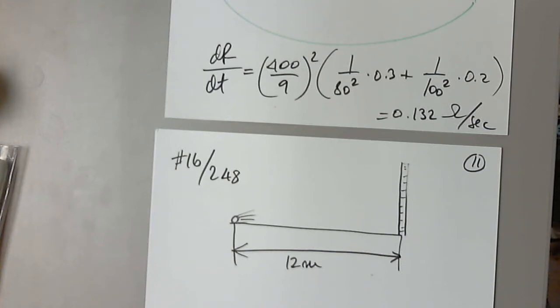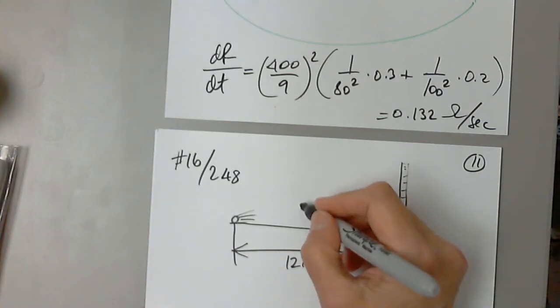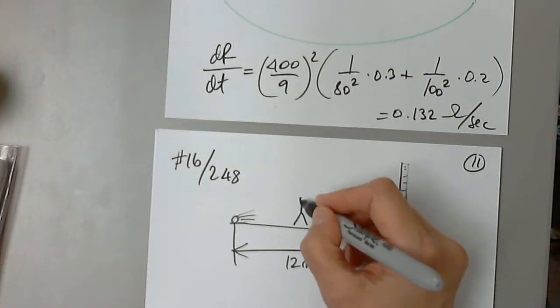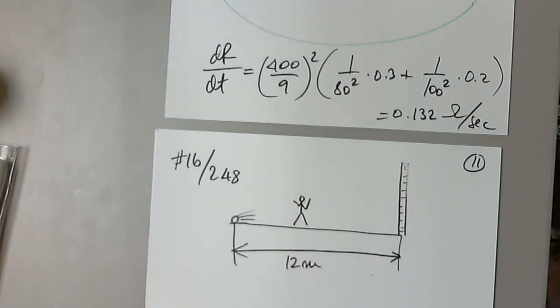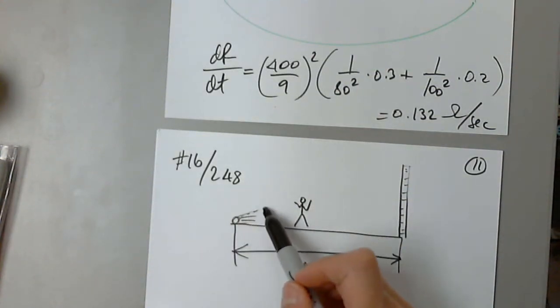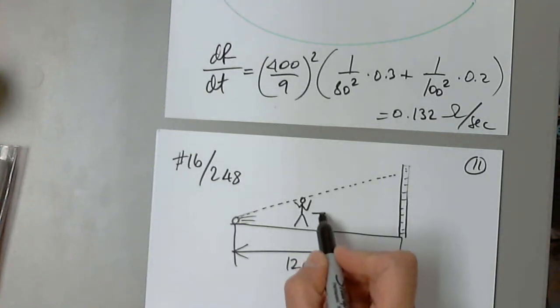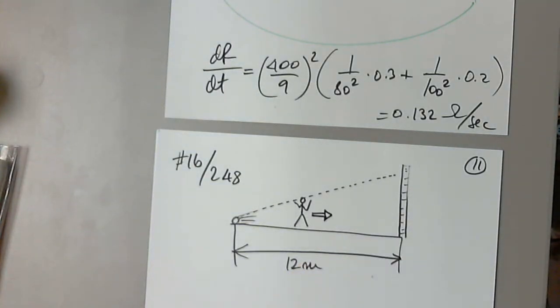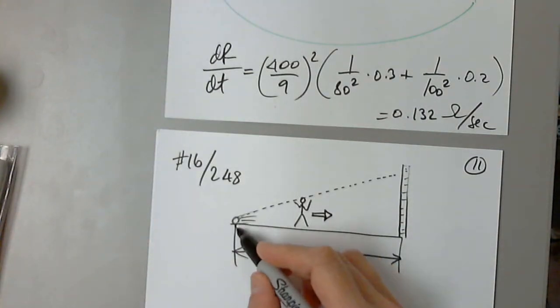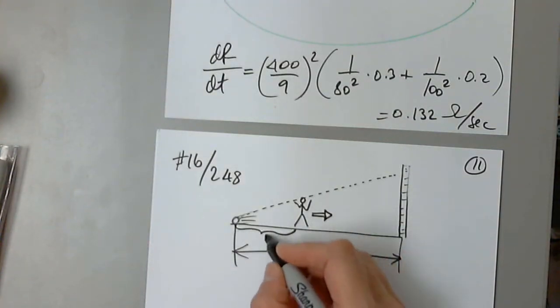Then, if a man 2 meters tall walks from the spotlight towards the building, I cannot draw a man. I'm sorry. He walks this way, and he covers this distance, which I'm going to call x.